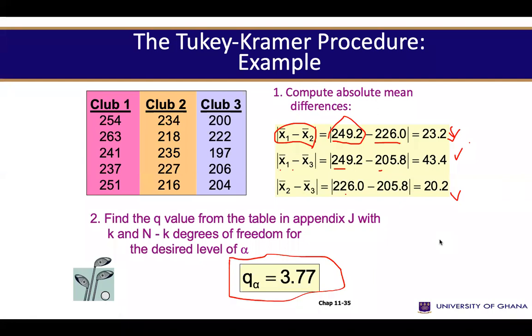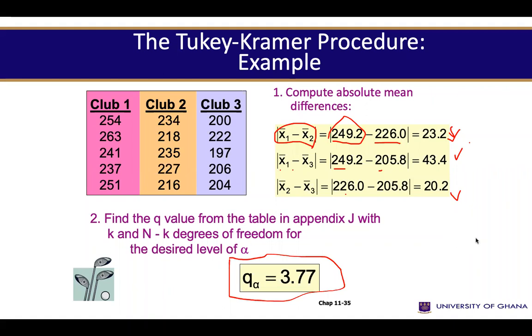So ideally, if the sample sizes were different, we would have used 3 different critical ranges for each pairwise comparison that we have. But this is the situation where each of the samples has the same size. So each of them will have the same critical range. That is why we use that.